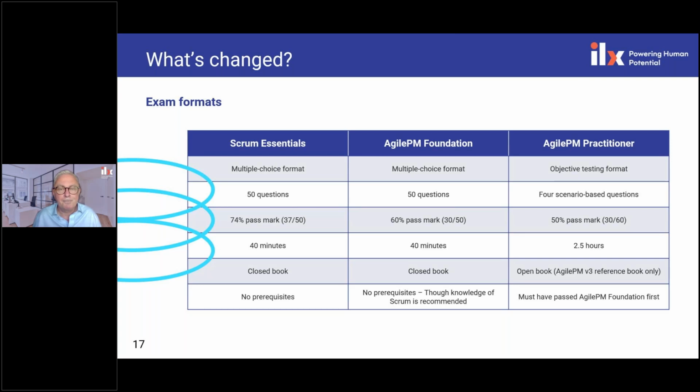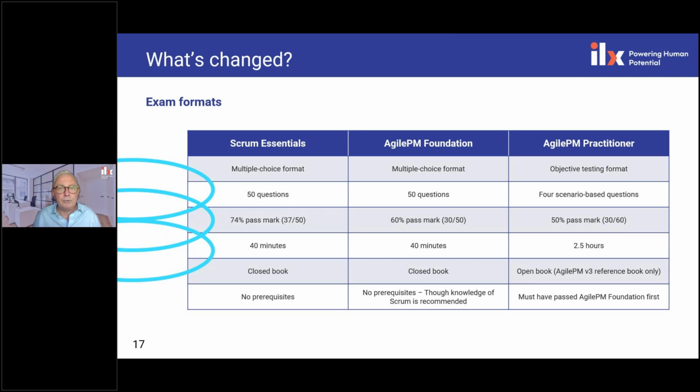The AgilePM Practitioner is again multiple choice, but now it becomes objective testing. It's based on a single scenario, which does come with additional information. It's a 2.5-hour exam, and it's a 50% pass mark, 30 out of 60. But this time it becomes open book. You can use your textbook. That can be paper-based.